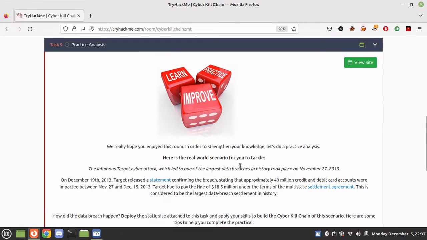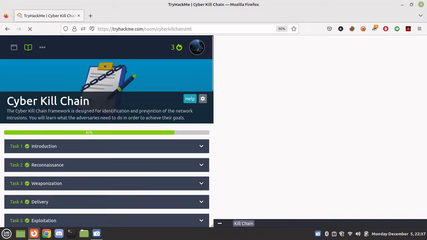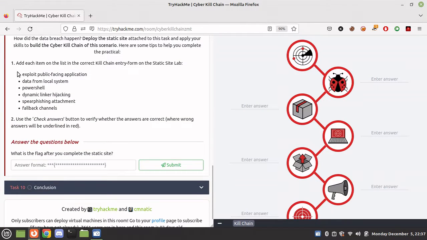Now we have to deploy a static website to prove we know the cyber kill chain. Now these are the scenarios. We need to put them in their specific order. Now at the first, we have weaponization. So I think PowerShell would be in weaponization, but we can check the answer later.